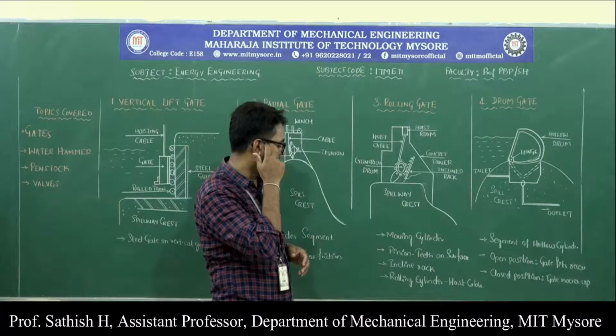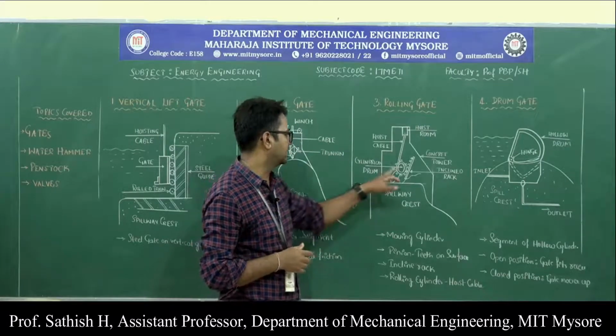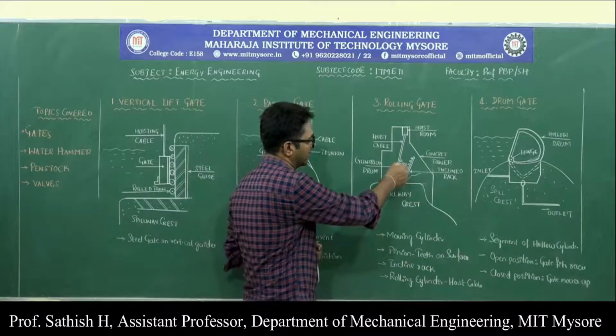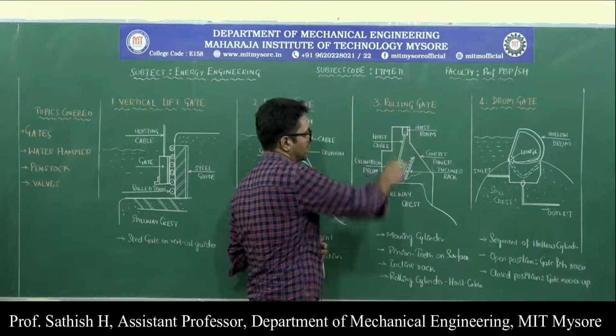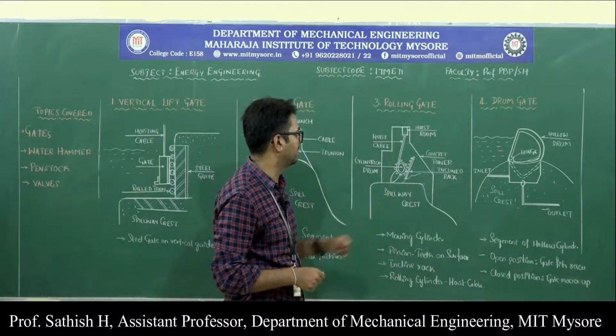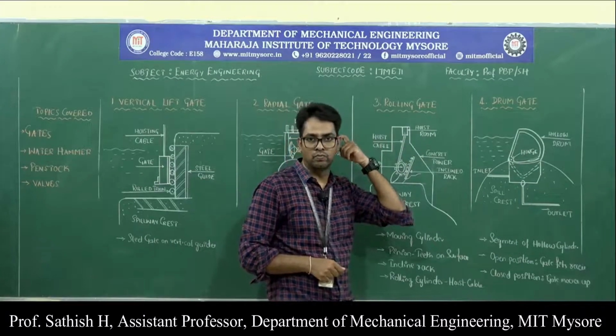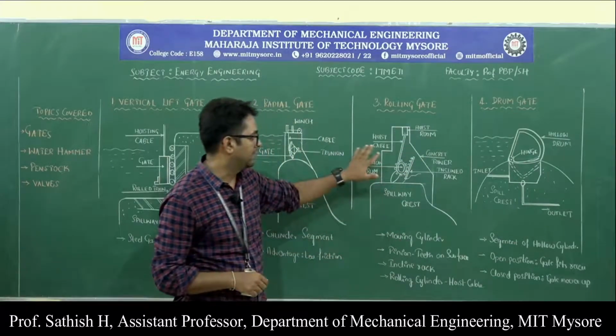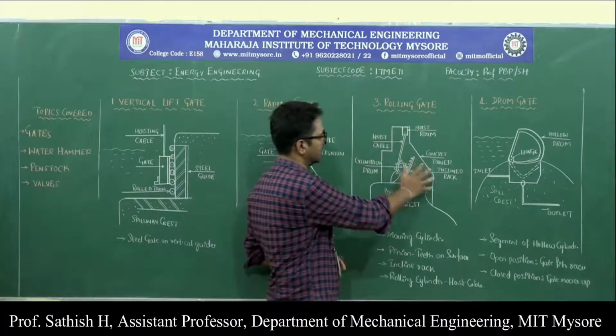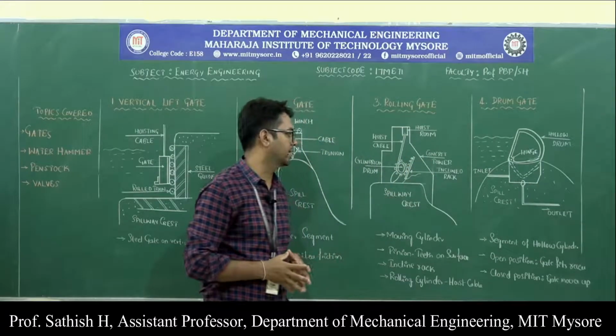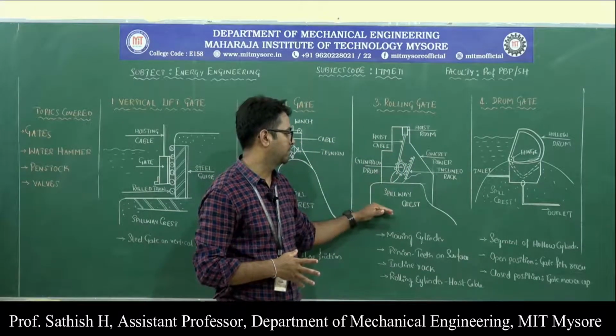The rolling cylinder is attached to the hoist cable here. This is a hoisting cable which is attached to this cylindrical drum, and this is a hoist room. These are the various components, and everything is inside this concrete tower, which is constructed above the spillway crest.